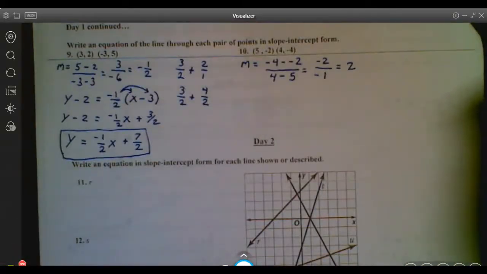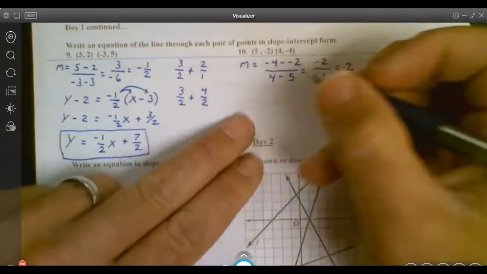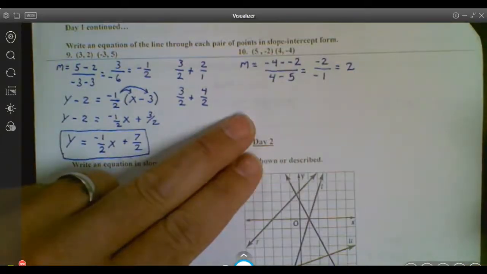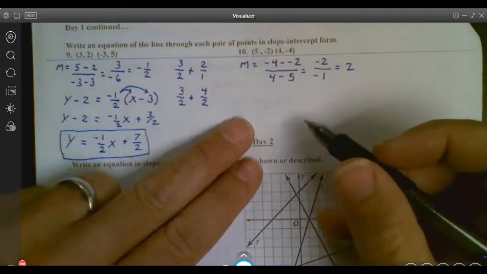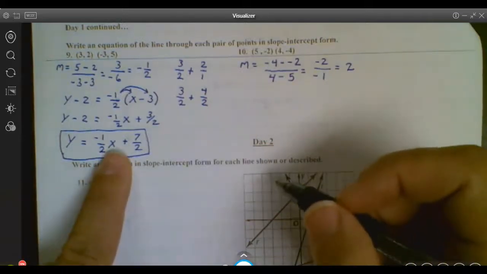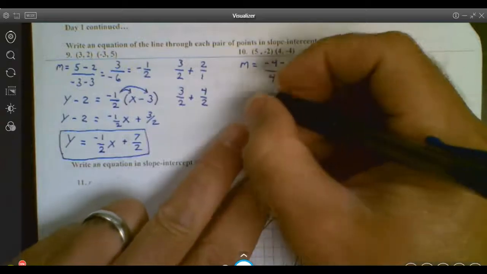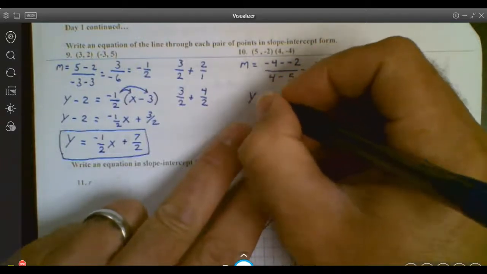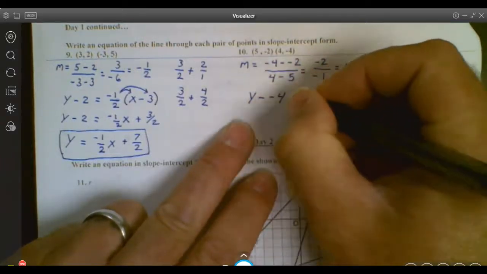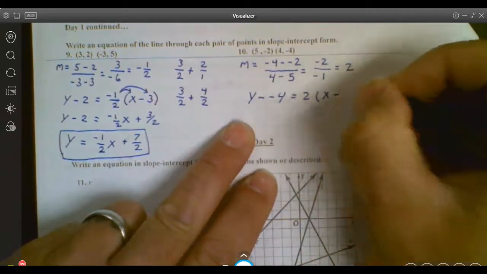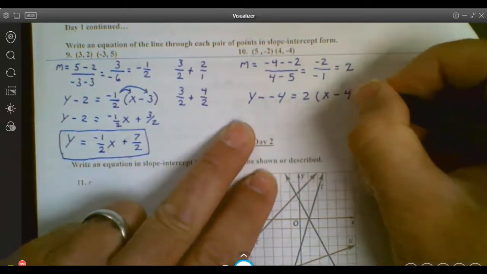So nice and easy to work with on this one. So when you plug this into point slope form, remember you get to pick either point you want. Doesn't matter which one. If you do it correctly, you'll still come out with the same answer here. So I'm just going to pick, I'll just go with the 4's on this one. So I'm going to say y minus my y coordinate equals my slope times x minus my x coordinate.